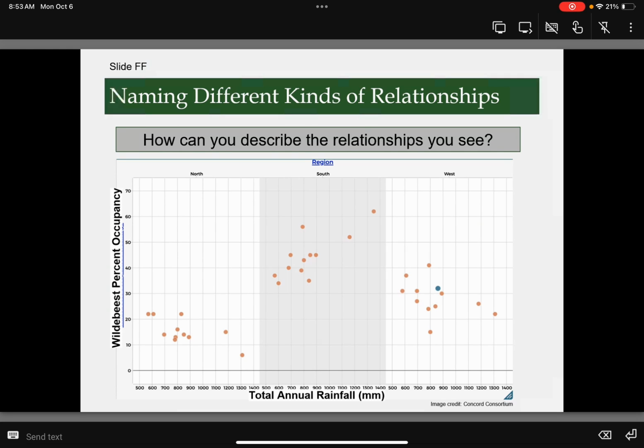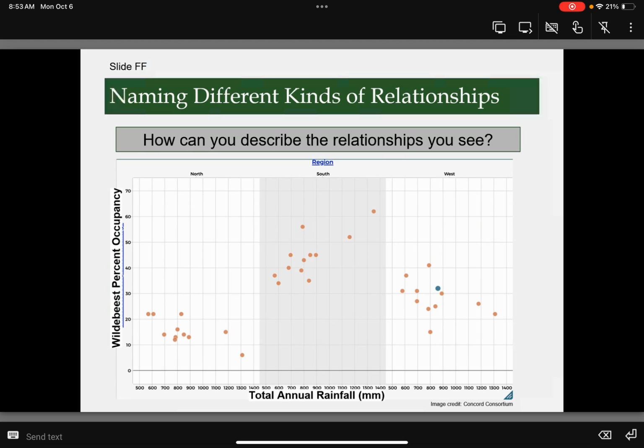More rain they get, maybe more food, but it's telling us that our wildebeest occupancy is decreasing as we increase our rainfall, right? So it could be different reasons for those other than just the food resources being available, right? Okay. Does that make a little more sense of what those graphs are actually telling us now? Hopefully.